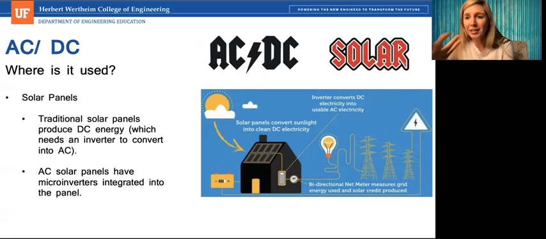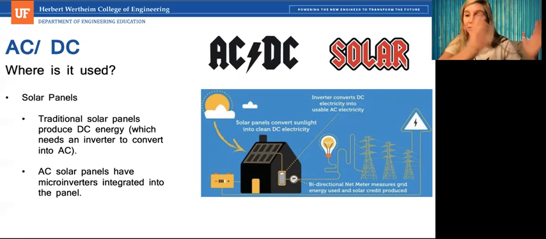Like I said, batteries use direct current, and they have a positive and negative terminal, and the current always flows in that same direction between those points. But like we just talked about, the US grid system and the power coming into your house uses AC.